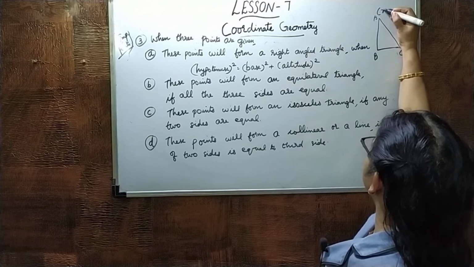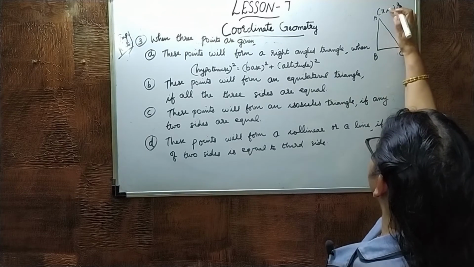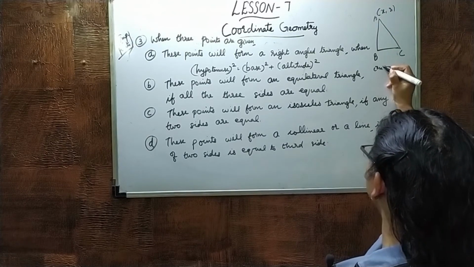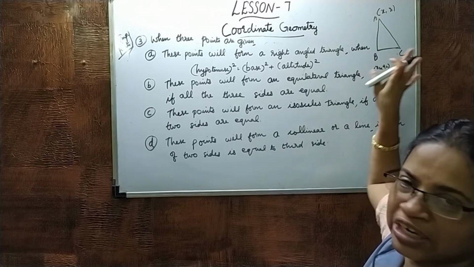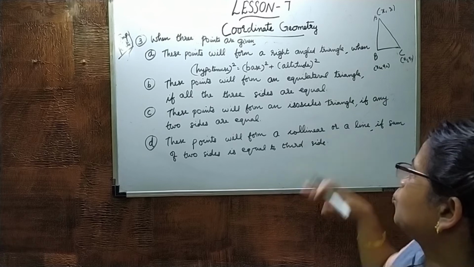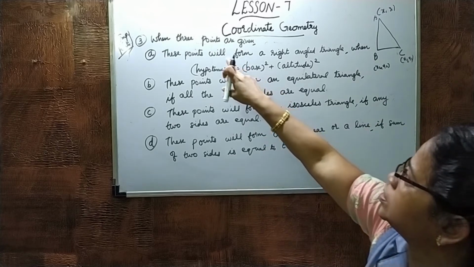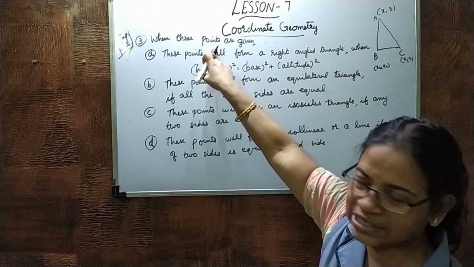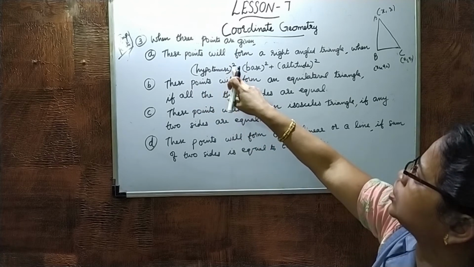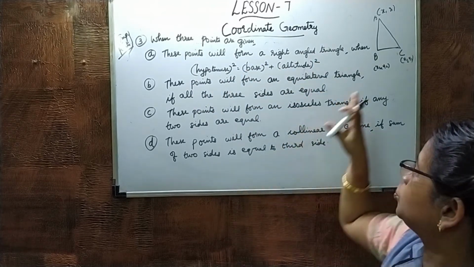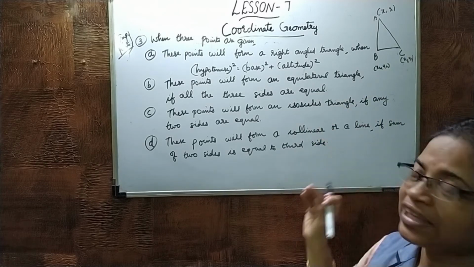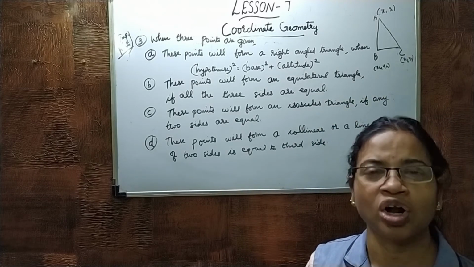So here it will be x1, y1, here x2, y2, and here x3, y3, right? You will get 3 coordinates, one for each point. Now look, 3 points means 3 coordinates they are telling, and they will ask you whether they can form a right angle triangle or not.